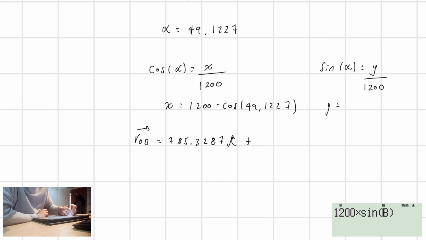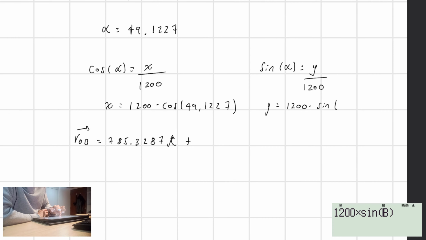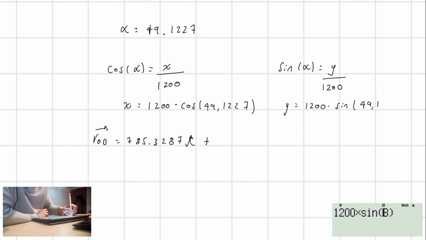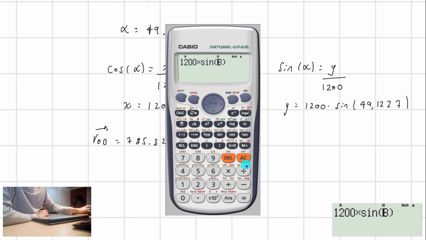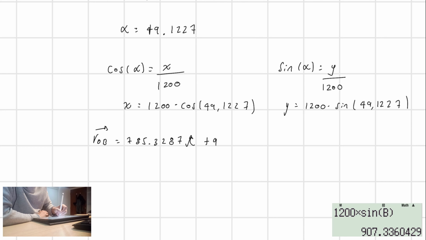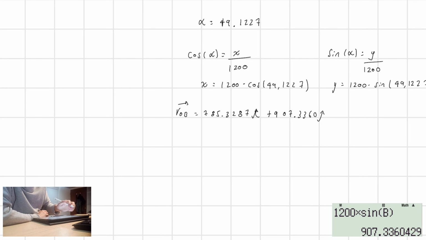So y is equal to 1200 times the sine of 49.1227, which is 907.3360, the j direction. And right here, guys, we have our coordinates for the B point.